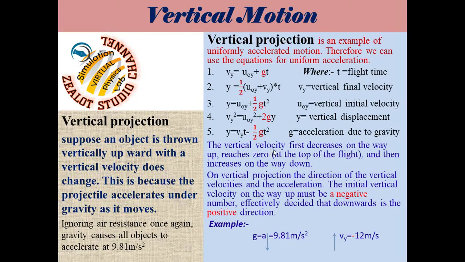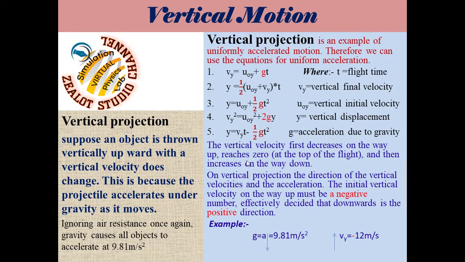The vertical velocity first decreases on the way up. When the object is projected up, the vertical velocity decreases, reaching 0 at the top of the flight, at the maximum vertical displacement.